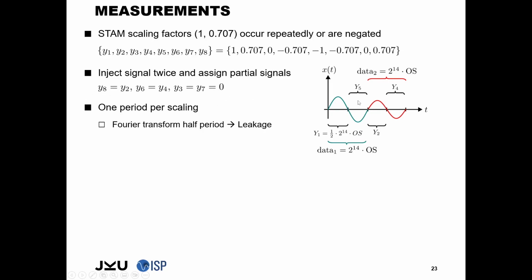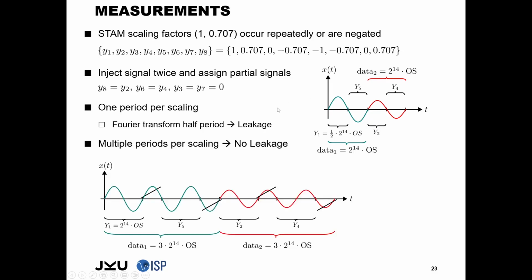But if you are Fourier transforming half a period, then you get leakage, obviously. So we injected multiple periods per scaling, and then always for one factor get the whole period. For example, we have here 1, minus 1, 0.7 here, minus 0.7 here, and the zeros are just inserted into the measurement. And then if we are doing a Fourier transform here, we get nearly no leakage.